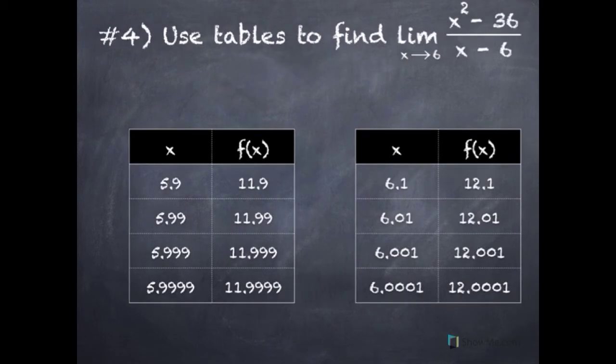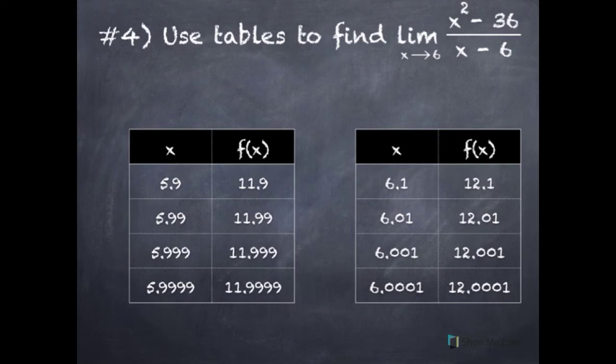This next one, we're supposed to find the limit as x approaches 6 of (x squared minus 36) divided by (x minus 6). So we want to approach 6 from the left and from the right. And we can see here we're approaching from the left. Here we're approaching 6 from the right. Looking at the y values in this first table, they're getting closer and closer to 12.